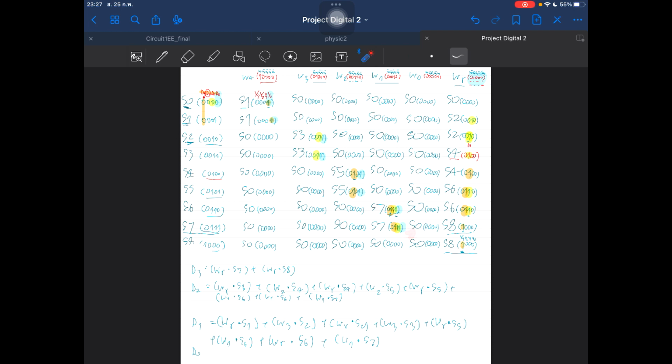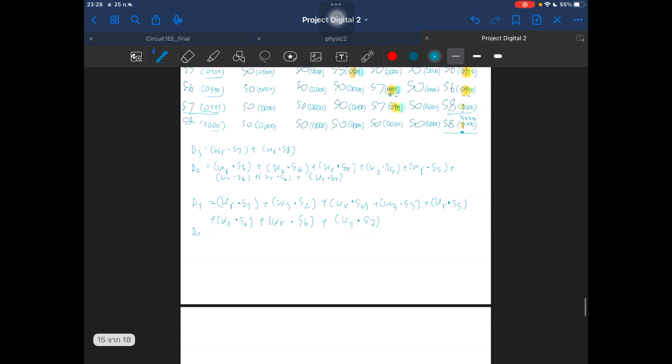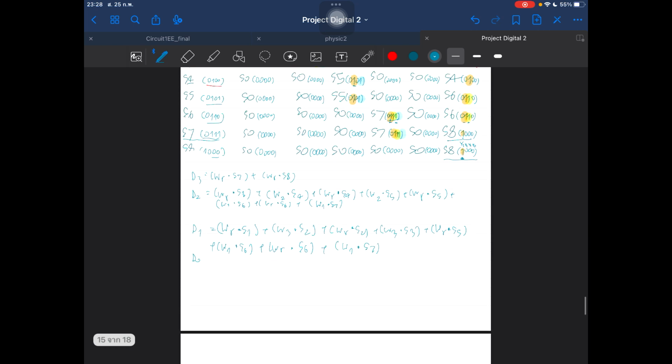Continue. 0 here, 0, then state 7 is R. State 8, 0 here, 0, 0. 0 of them. Then state 8 is finished, and the 1 is R. Finish.